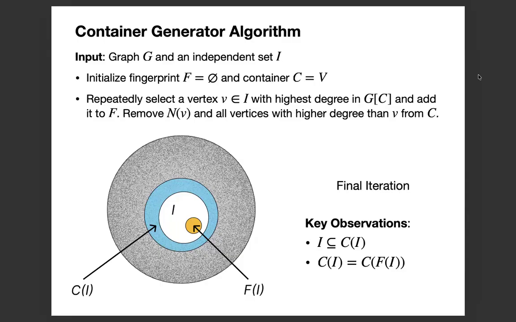And second, and maybe more importantly, even though the container is a function of the independent set, you can reconstruct it just from the fingerprint. If I just gave you the fingerprint, you can reconstruct the container. In fact, if you ran the container procedure on the fingerprint itself, you would get the exact same thing coming out. Okay, any questions here?